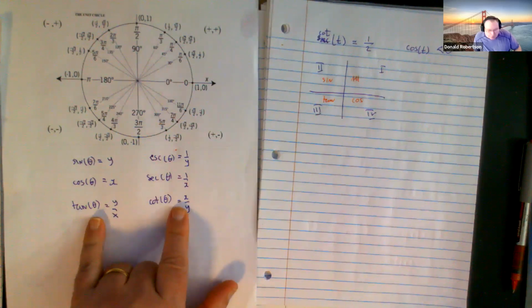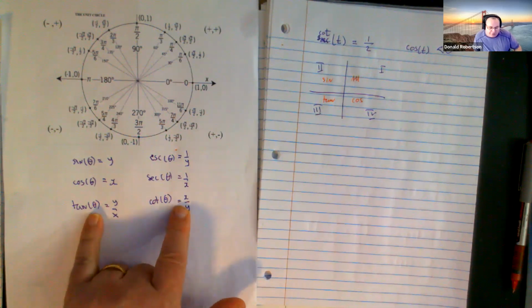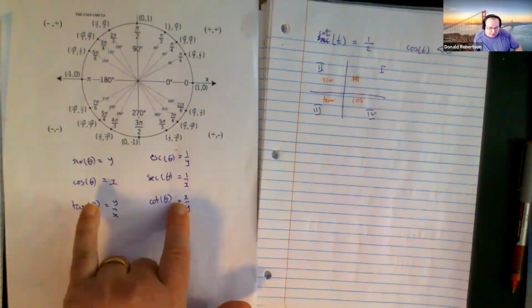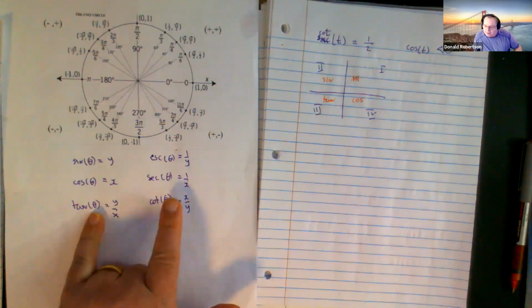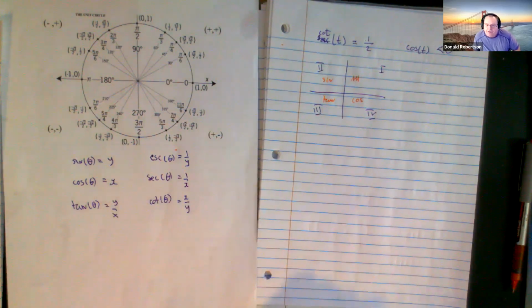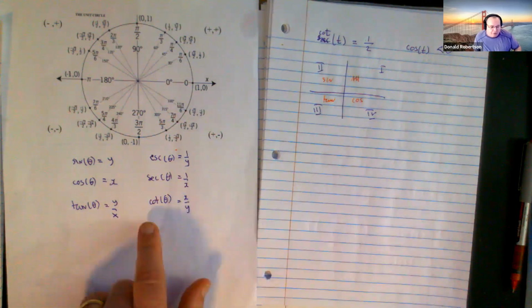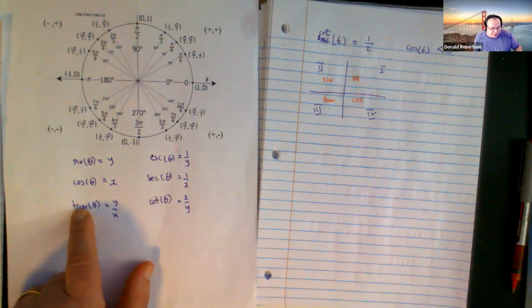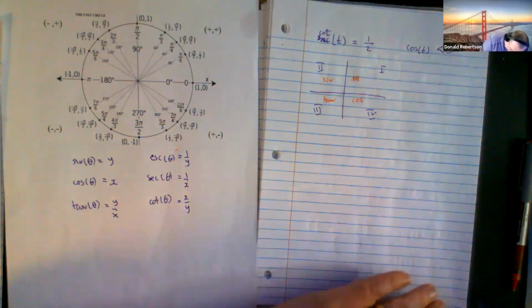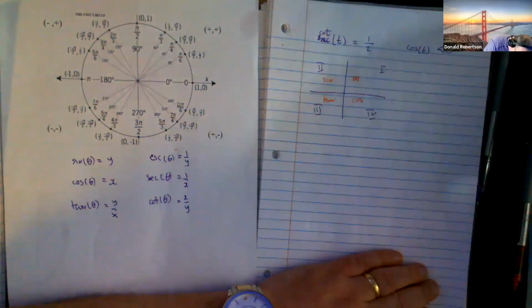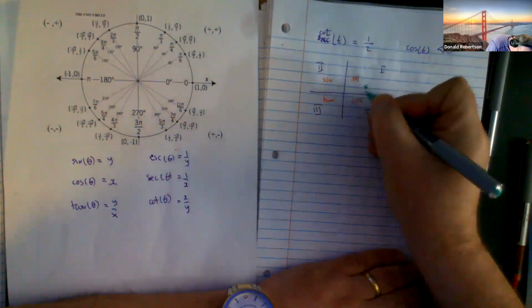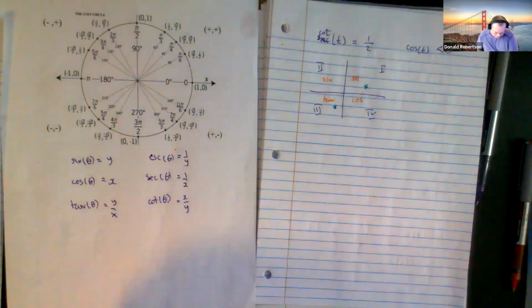Well, the cotangent and the tangent are partners. So in other words, if this is positive, so will that be. If this is negative, so will that be. They partner. So when is the cotangent positive? Well, it's going to be positive in the same places where the tangent is positive. And the tangent is positive in the first quadrant and in the third quadrant.